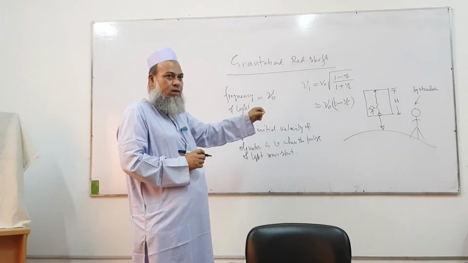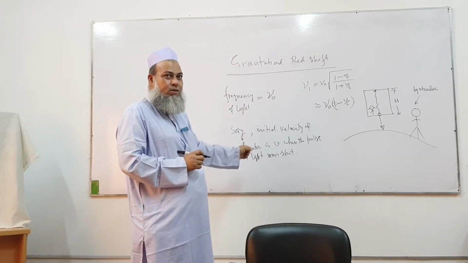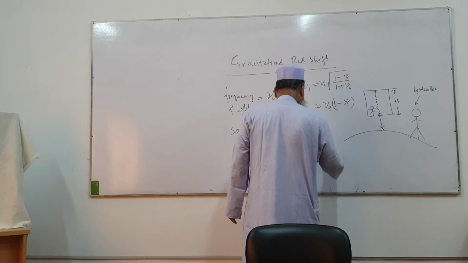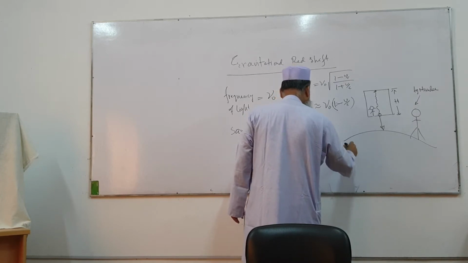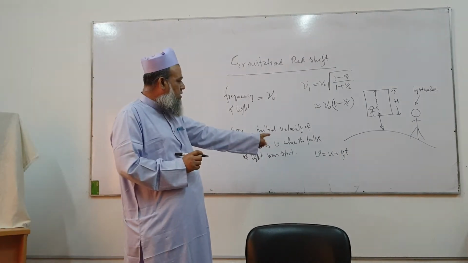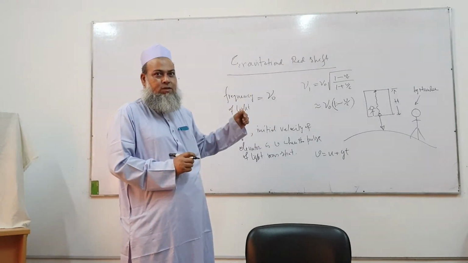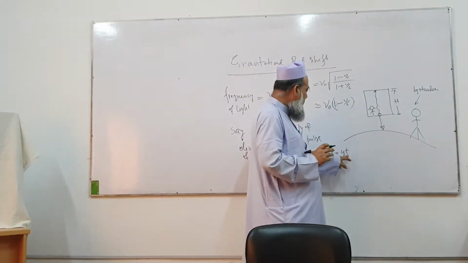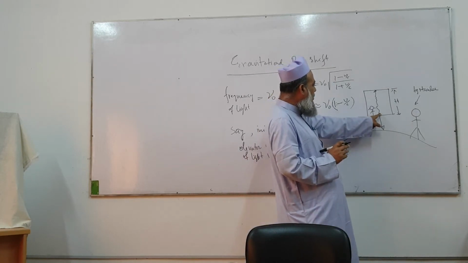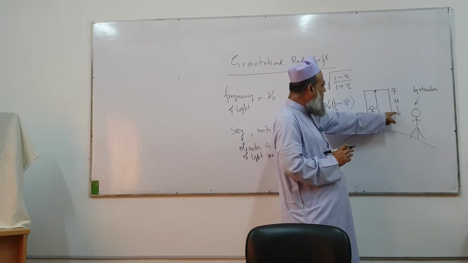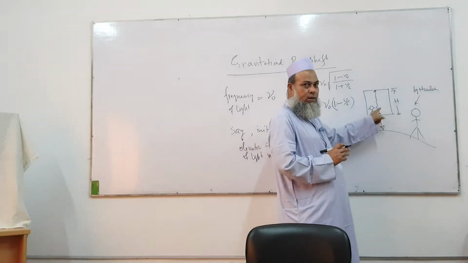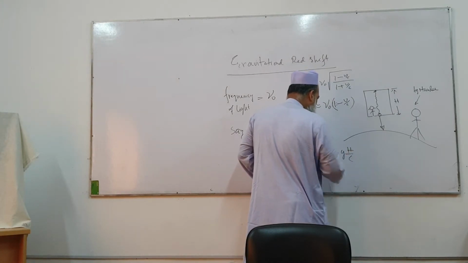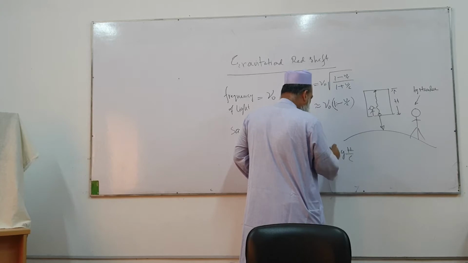The elevator has more velocity than it was initially, because we know the famous formula V equals U plus g t, final velocity is initial velocity plus g t in a gravitational field. Now, g is no problem, g will act here. What is t? Light pulse goes from floor to ceiling, the length is h, and light has velocity c, the time is h by c. So you write h by c, and you write V for u.